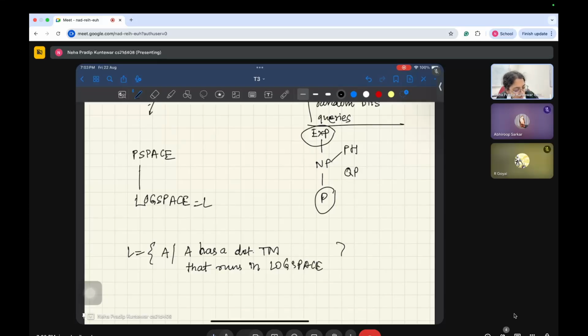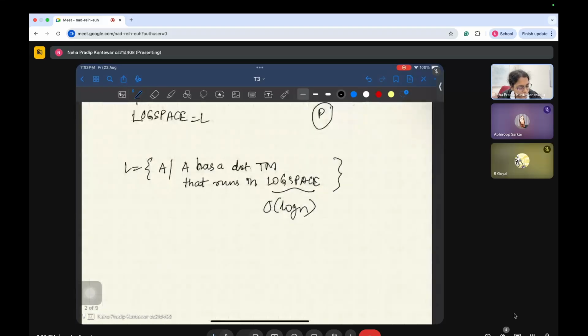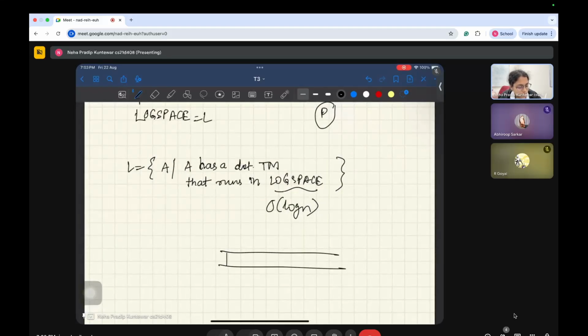When I say log space, what we mean is order log n size tape. So one interesting property about space is that you have log n space that you are free to use throughout the computation.